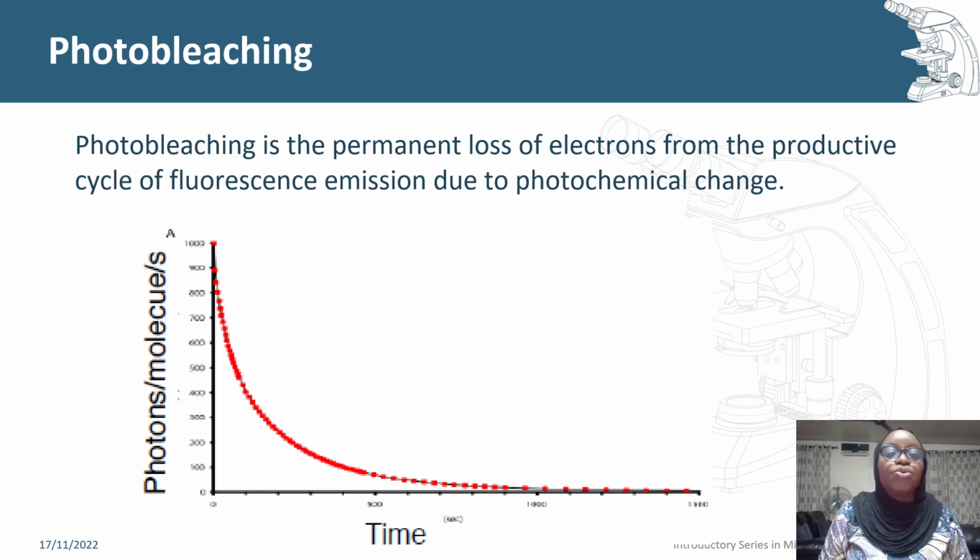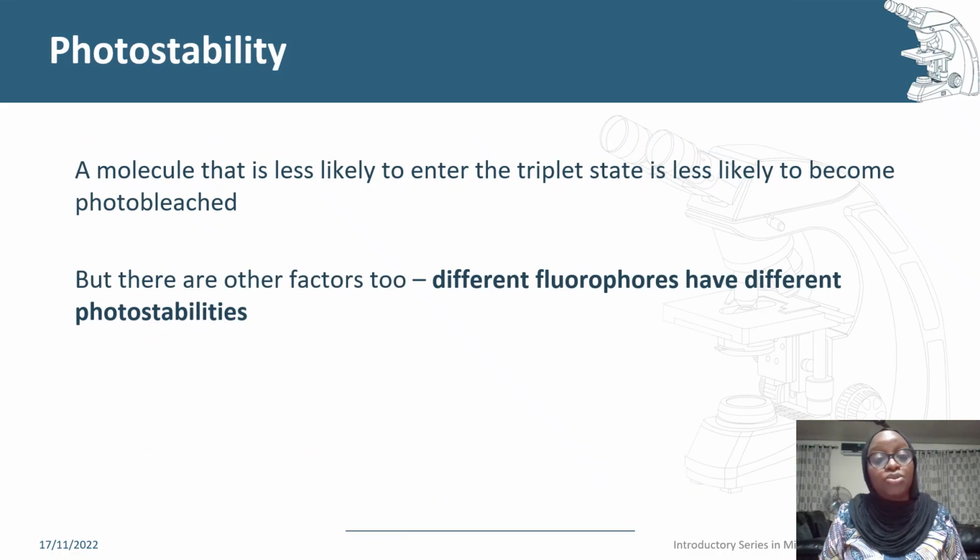Now, photobleaching is a permanent loss of electrons from the productive cycle of fluorescent emission due to photochemical change. It shows a characteristic decay when measuring a large population of fluorophores. Usually it is an irreversible mono-exponential process.